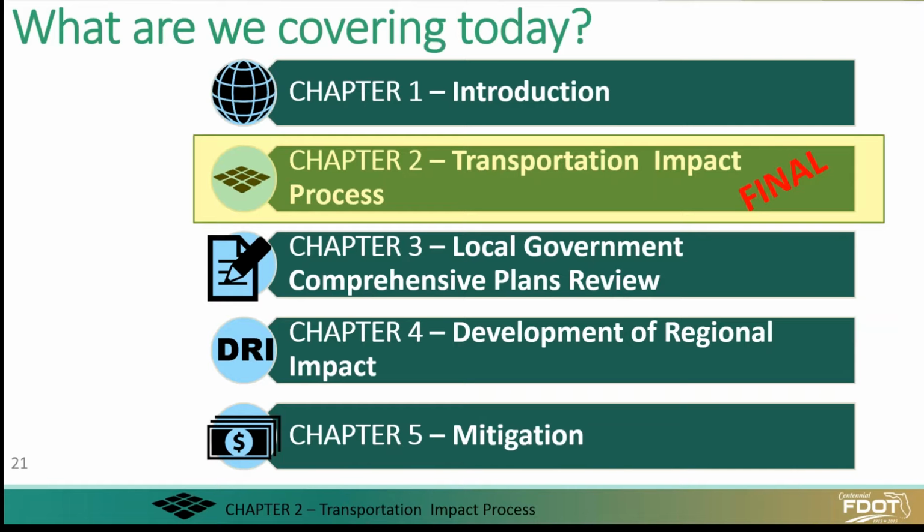In the future, we're going to be covering Chapters 3, 4, and 5 on local government comprehensive plans, the developments of regional impact, or what we call DRIs, and last but not least, I'd like to cover the controversial and always changing subject of mitigation.